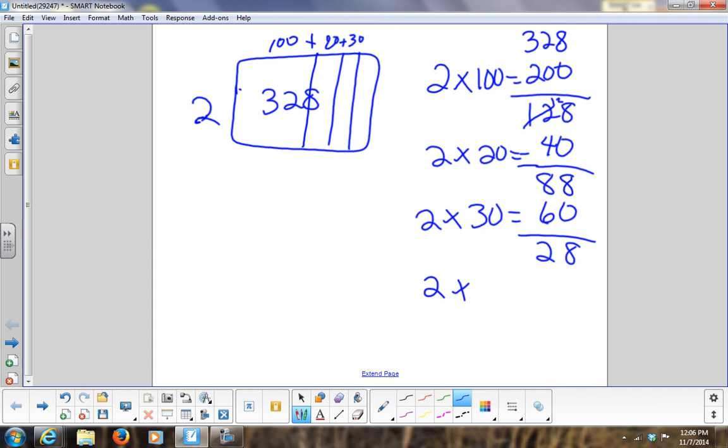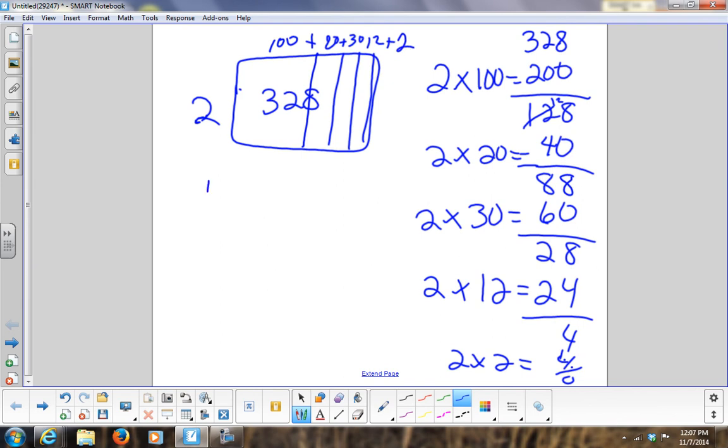Okay, we go 2 times 12, which is what? 24. Okay, that leaves you with 4. And finally, Trinity? 2 times 2. It could have gone a lot shorter. That is correct.